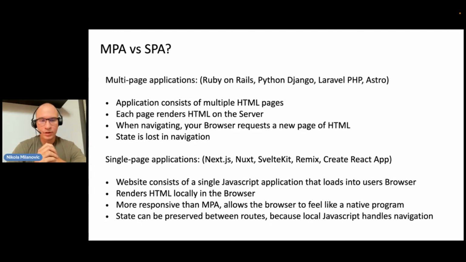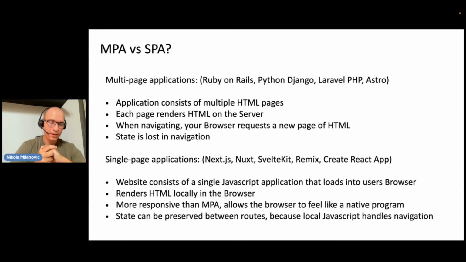And when we have a multi-page application, each navigation through your browser, when you're changing pages, you're getting a new HTML document each time, which results in a not so interactive website. And one of the things that we do when we do a multi-page application is we lose state between navigations.